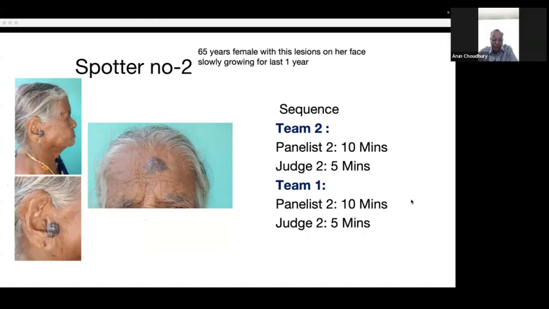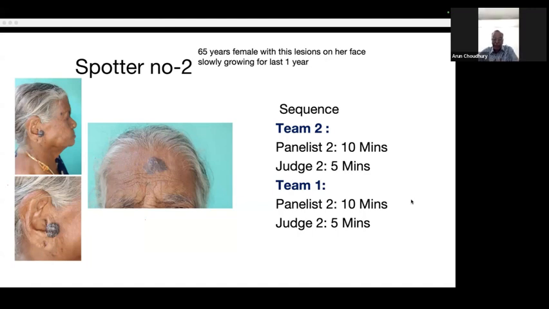Xeroderma pigmentosum. Okay. Anyway, anything else? Any other syndrome associated? Okay, I'll tell you. I think you get the 2 marks for this because you have told the majority of them. And then I go to team 2.